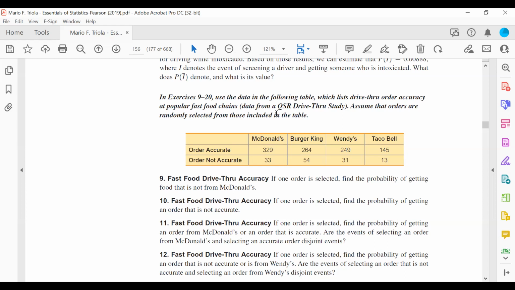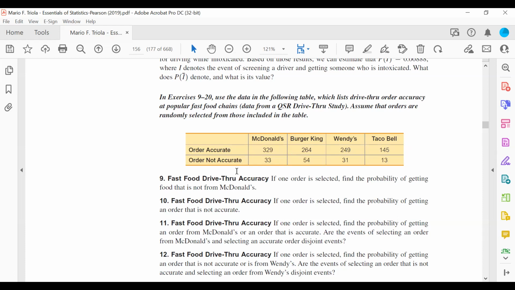So on your table, you have on the top the restaurant names, and then on the row labels, they are whether they're accurate or not accurate. And then you have whether they are accurate and inaccurate. All right, so what do we do?